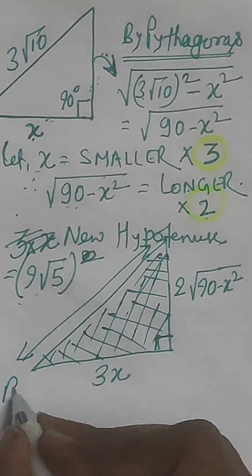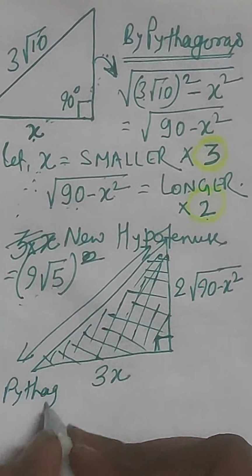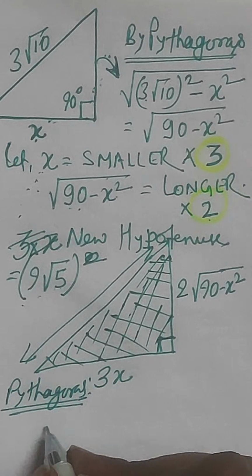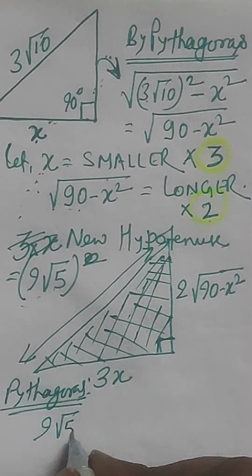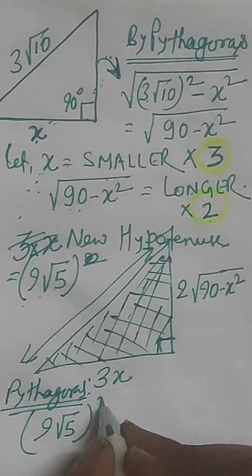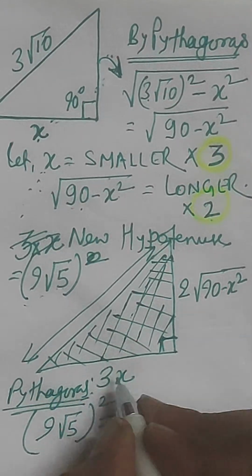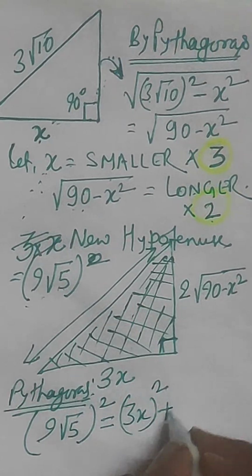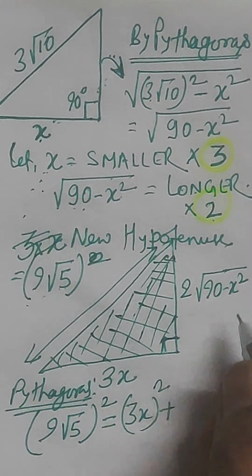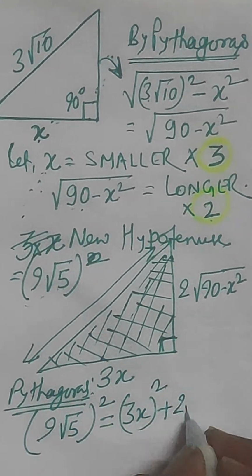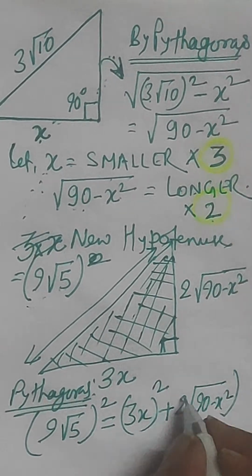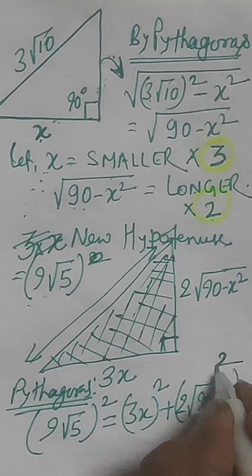By Pythagoras we can see that hypotenuse square, that is 9 root 5 whole square, will be equal to 3x whole square plus 2 times root over 90 minus x square whole square.